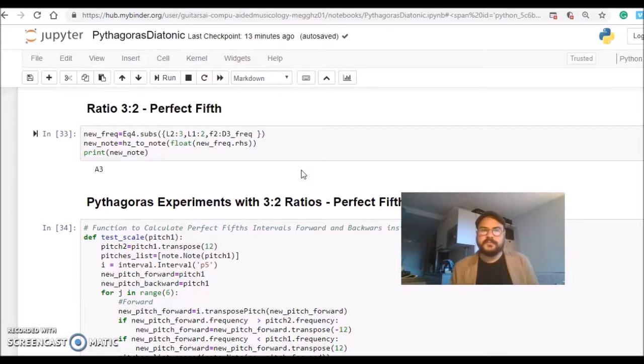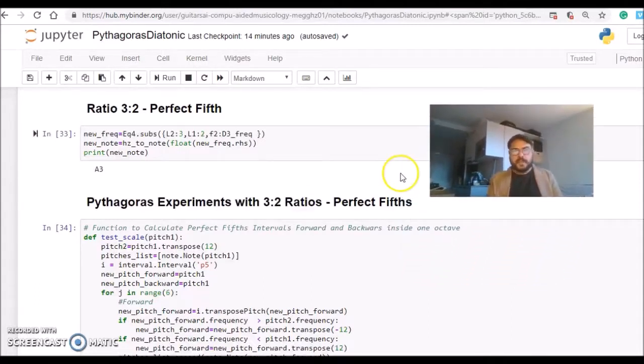And he wanted to use different ratios and see what would come out of this experiment in his attempt to study Greek music and find notes that are characteristic to this kind of music at the time. And then he decided to use the perfect fifth, because for him it was the most pleasant interval, and it was given by this ratio of 3/2.